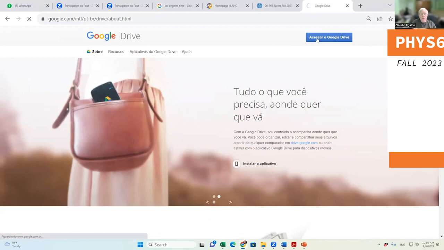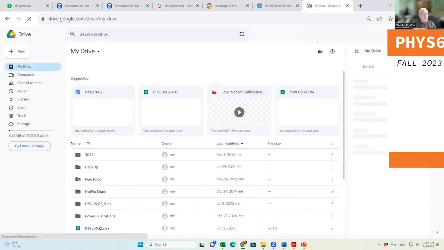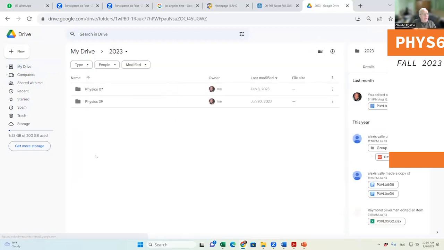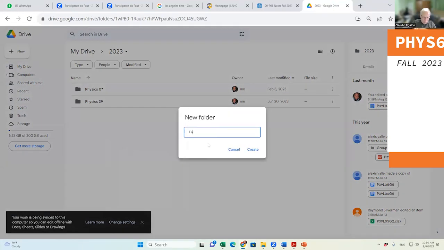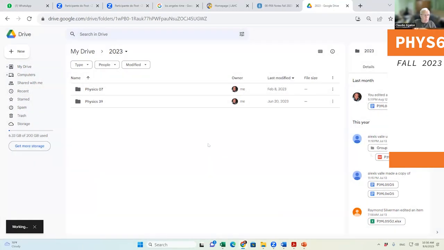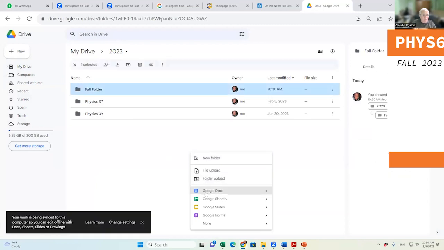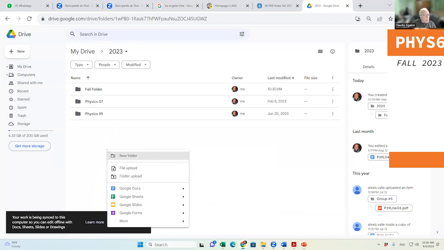This one here. This one. Good, 2023, and that's going to be my fall folder. What you see here is the spring folder.